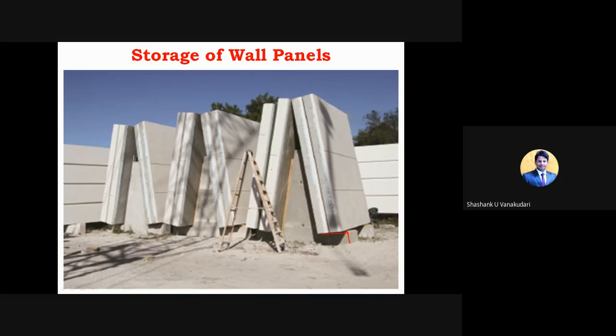Clear? And then here, this triangular portion is an additional support to these wall panels. They have provided some additional members between that, and these triangular portions will have an inclined structure, so that whatever load or stresses get developed are not going to cause anything to the other members.